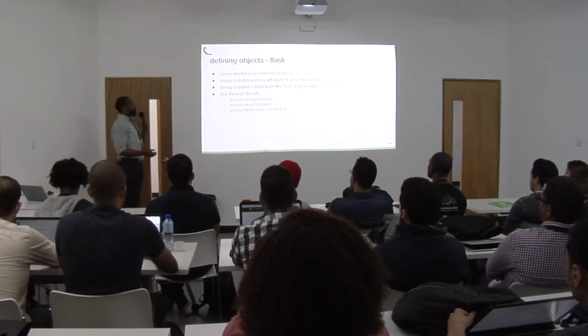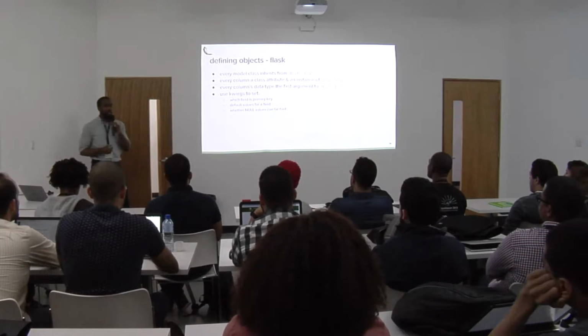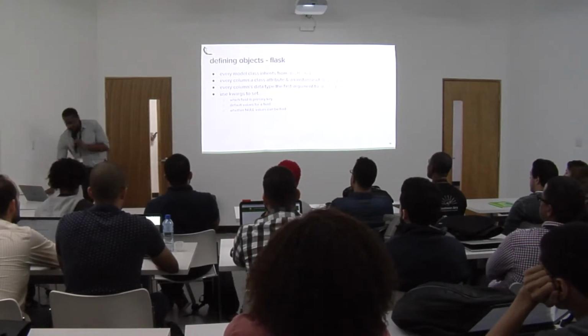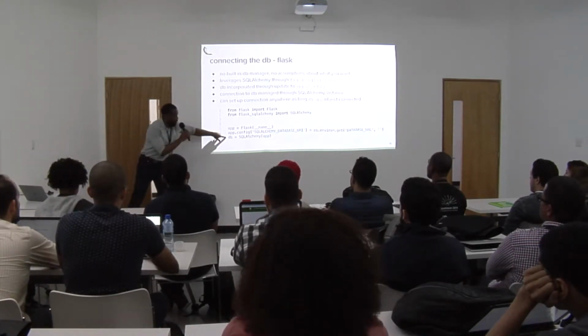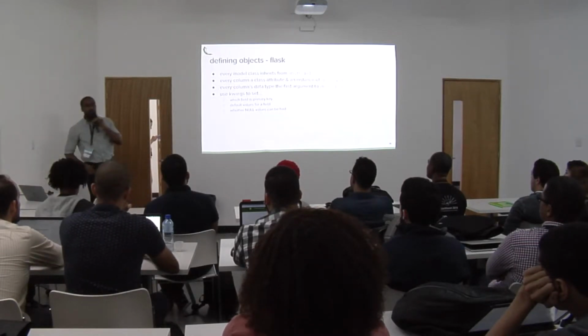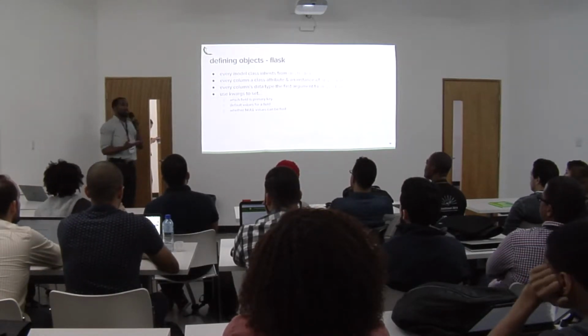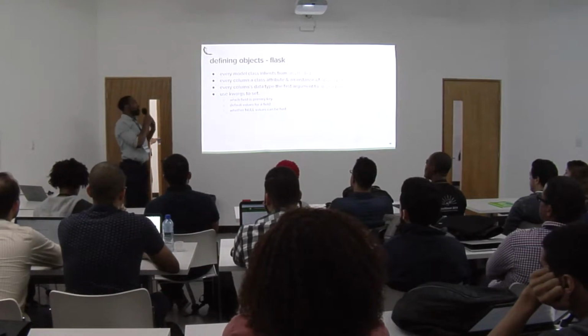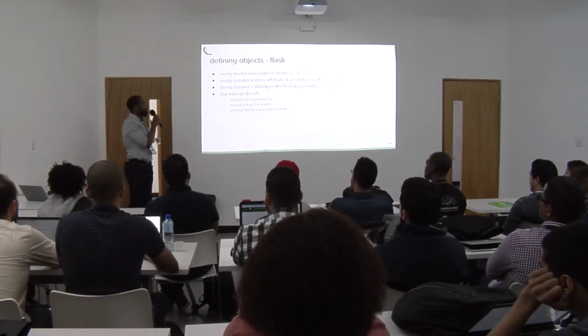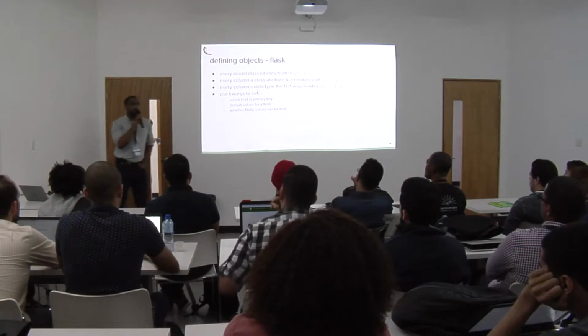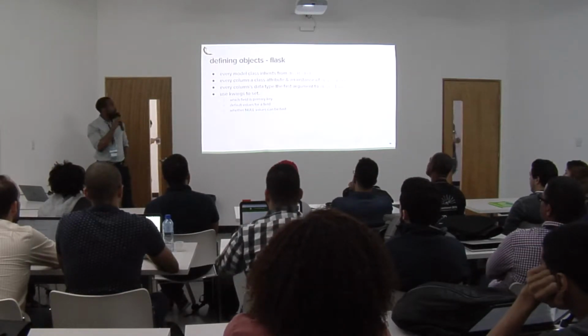So if you want to define objects in Flask, things that do talk to the database, you take that same db object defined down here, and you say, I'm going to inherit from db.Model. What this does for you is, once you instantiate your database, it'll set up a table and columns in that table for this one object that you create.